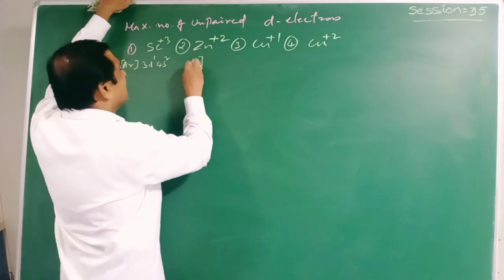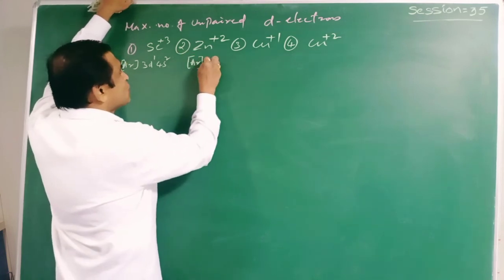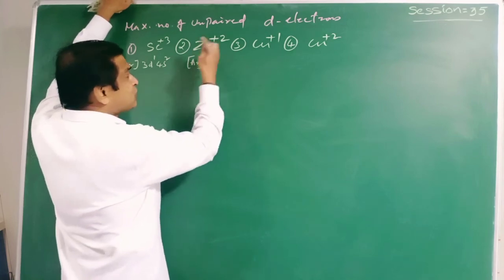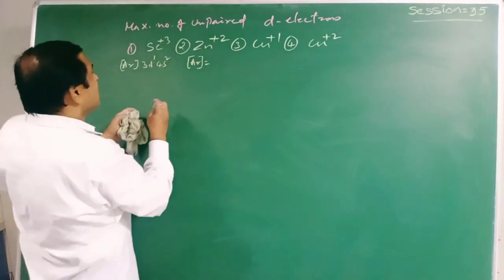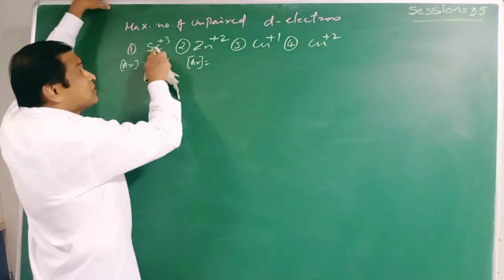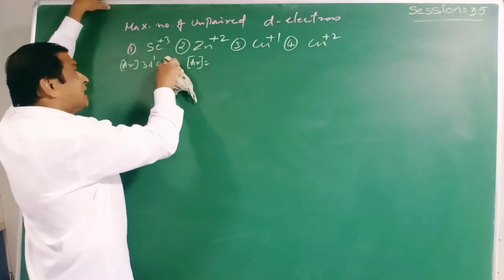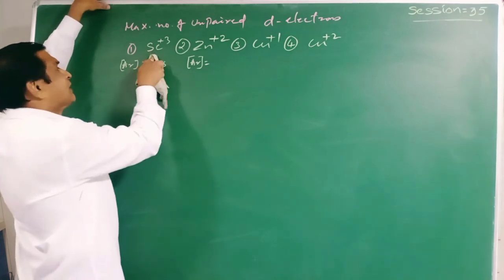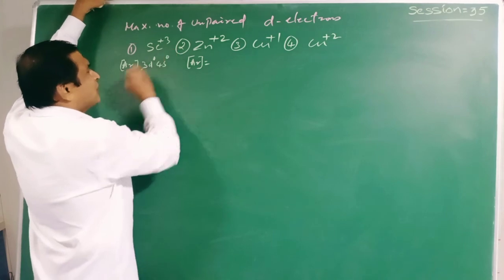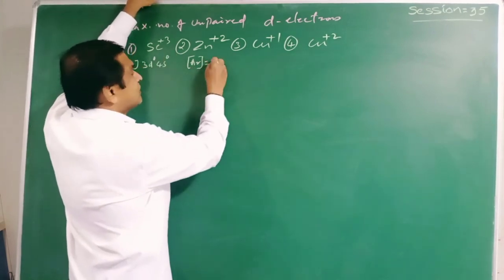I am writing the configuration of the atom. Plus 3 means it will lose the first 2 electrons from the 4s orbital and 1 electron from the 3d orbital. So for scandium plus 3 it is argon 3d0 4s0. For zinc plus 2, argon 3d10.